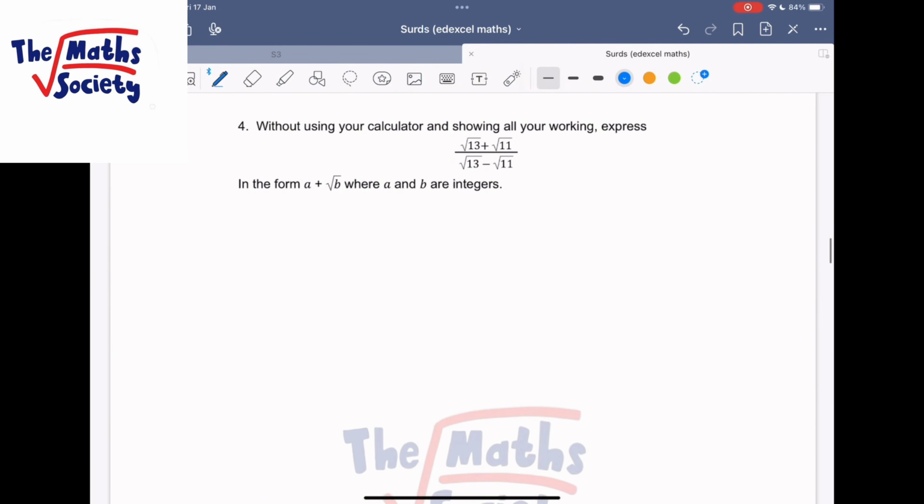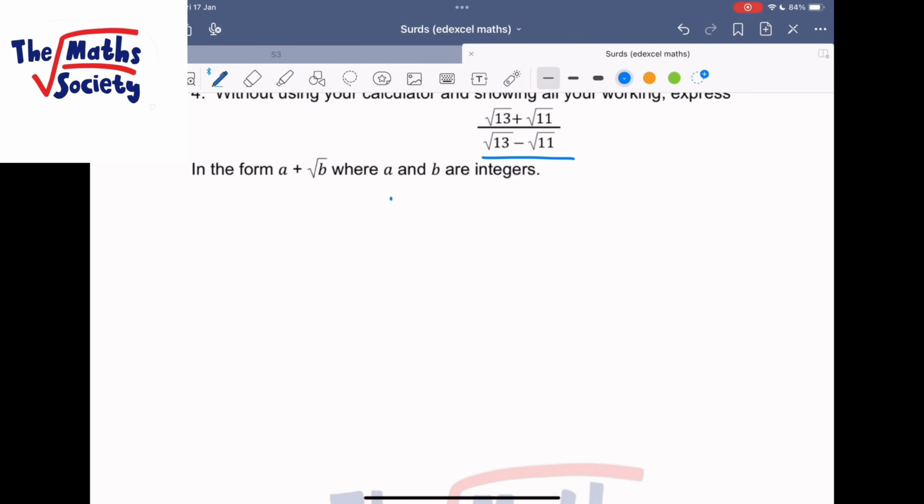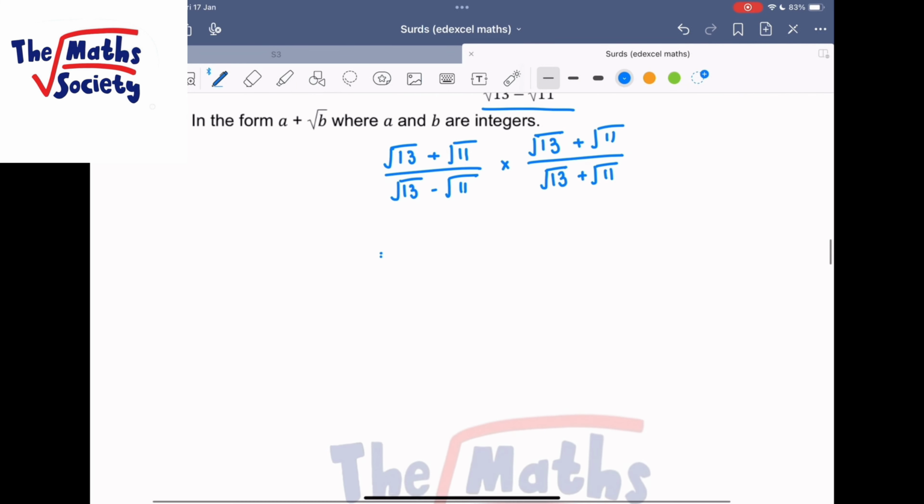And moving on to question 4, it says to express it again, and we just need to rationalize it. So it's root 13 plus root 11 over root 13 minus root 11. I'm going to multiply to rationalize, so that's root 13 plus root 11 over root 13 plus root 11. So let's multiply it.